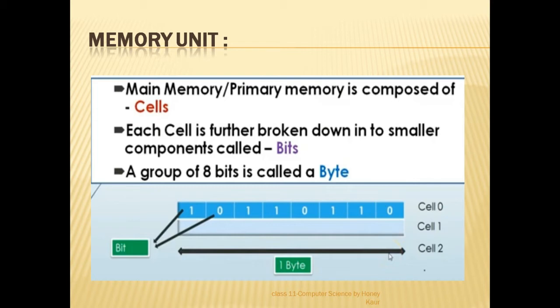When 8 bits are joined together, it becomes a byte, and a byte means any one key of the keyboard. It can be A, it can be B, it can be a comma, it can be a space. So every character of the keyboard occupies 1 byte, in other terms 8 bits.